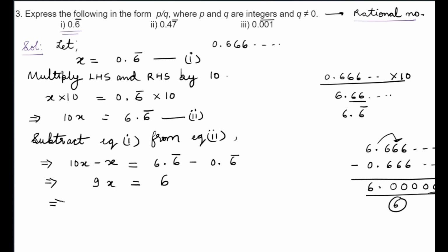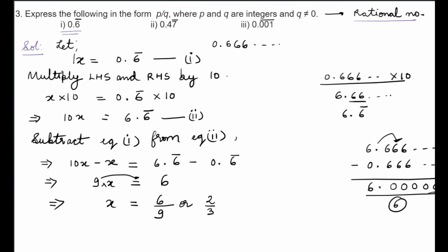And here x is equal to, we are sending this 9 to RHS, we are transposing it. So on transposing, here it is multiplication. It actually turns, when it moves to other side, it will change its sign. So it is 6 by 9, or I can actually rewrite as 2 by 3 on dividing by 2.